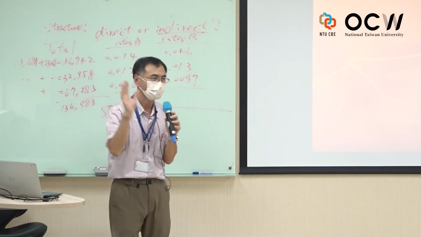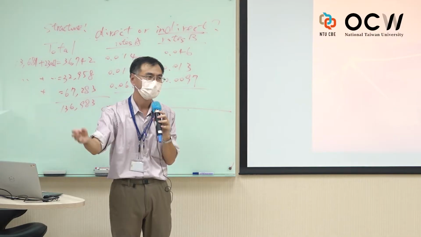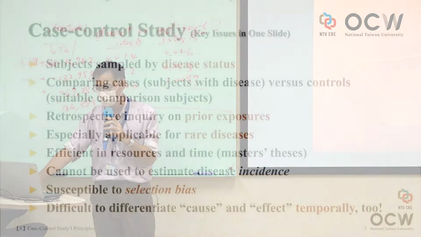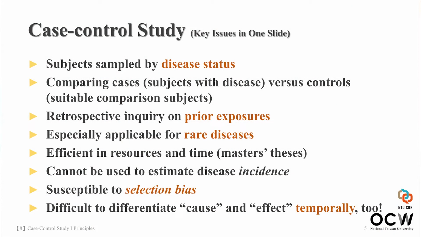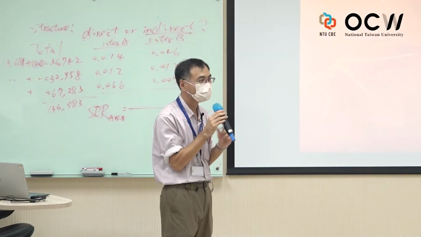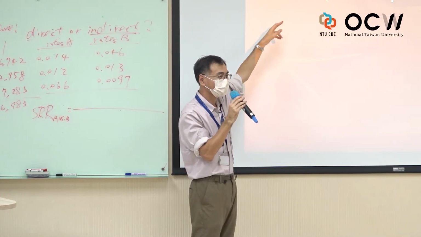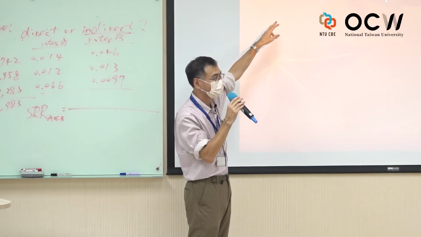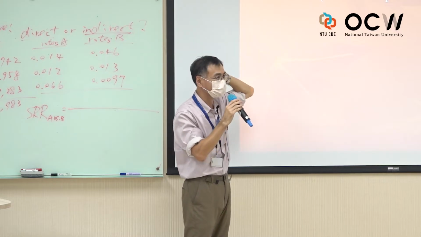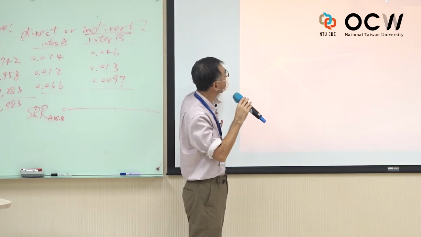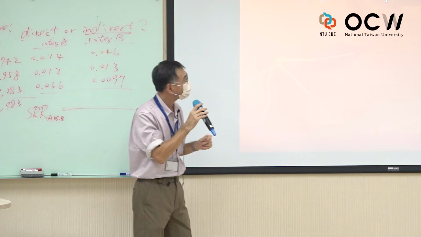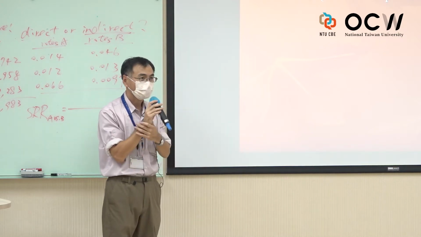We just identify who got the disease and who doesn't have the disease, and then compare their exposures. We compare the cases, or so-called subjects with the disease, versus controls. There have to be suitable comparison subjects, but that doesn't mean they are disease-free. They could have other diseases, but they don't have the disease we are interested in, which the cases have. Because the other diseases might be potential confounders, right?